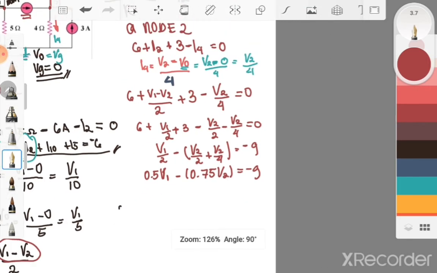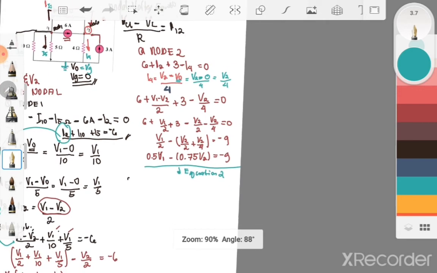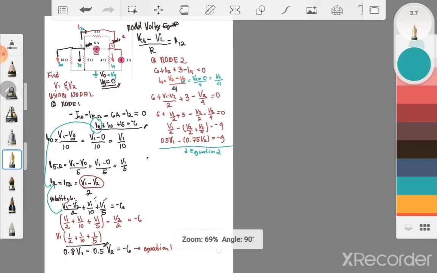Okay. So, therefore, we have already 2 equations. Which is, this will be your equation 2. Okay. So, paano natin isosolve yan, sir? Marami tayong method sa pag-solve ng 2 equations, 2 unknowns. Di ba? May substitution, may cancellation, meron tayong Cramer's rule, meron tayong calculator. Okay?